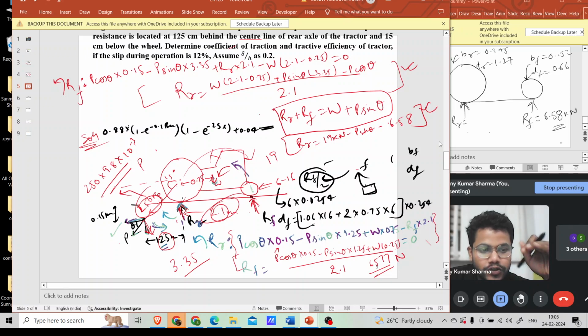This is due to pull, not due to draft. What you are saying is correct, but you are just using a different term. This P sin theta is due to pull. You can cross check that these two values will come the same. RR from this equation and RR from the other equation will be the same.